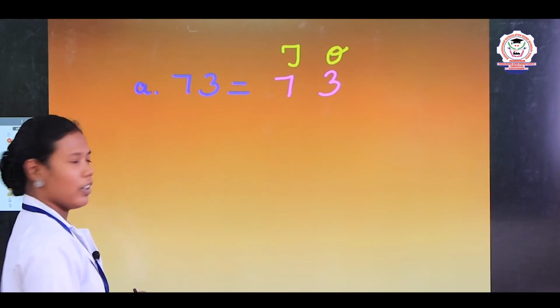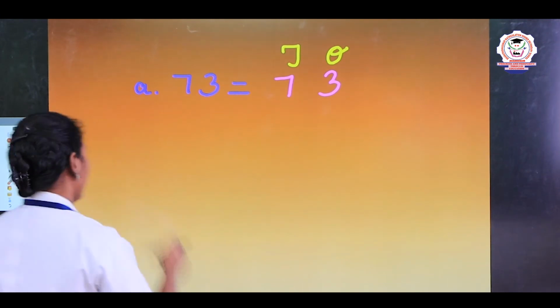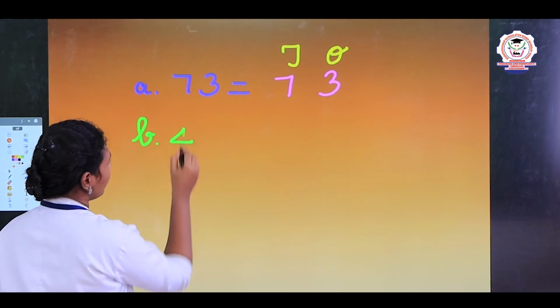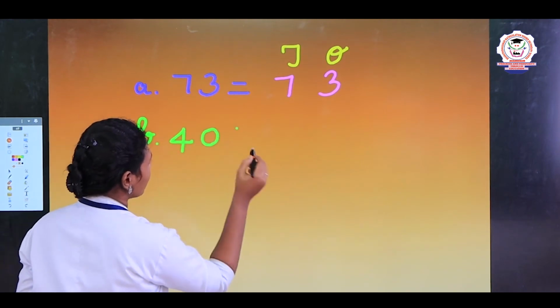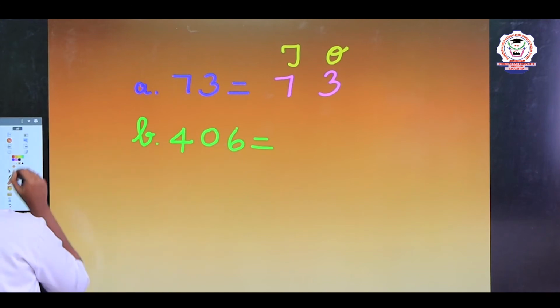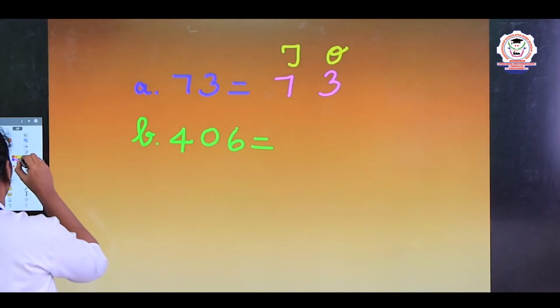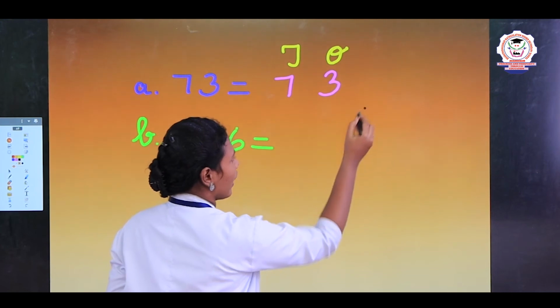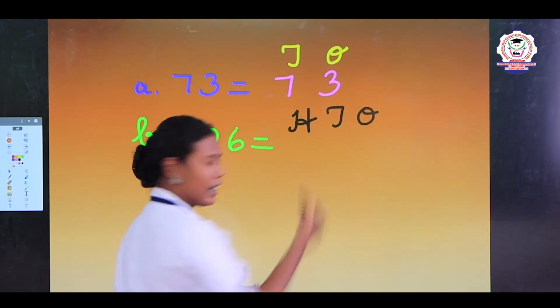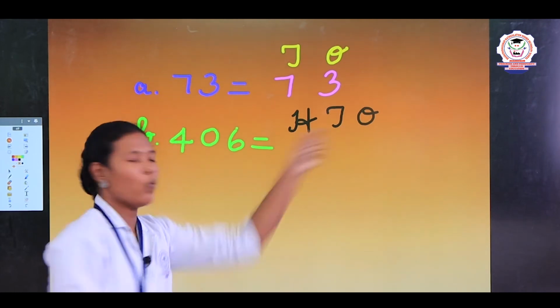Children, now we will go on to a 3 digit number. The second sum is 406, and for a 3 digit number we write ones, tens and also hundreds. What is the ones here?